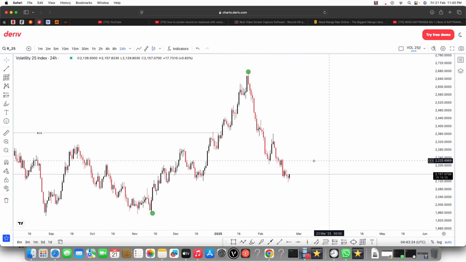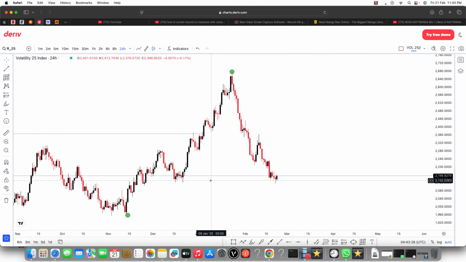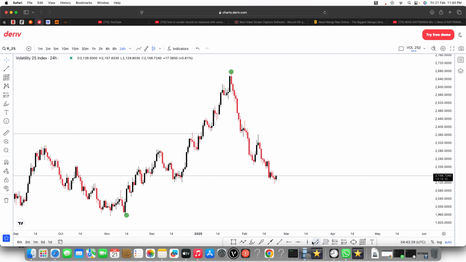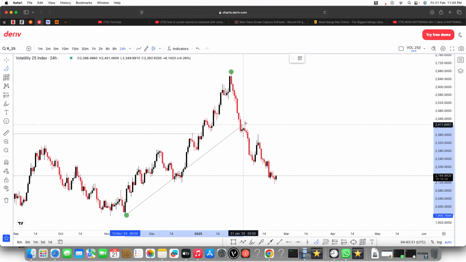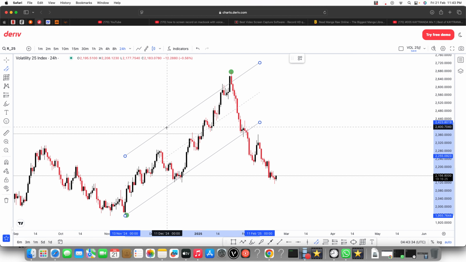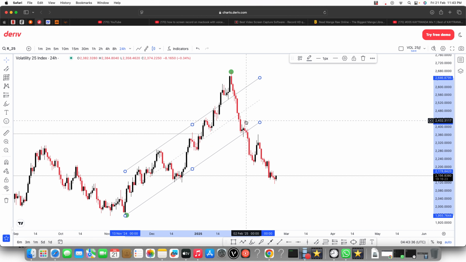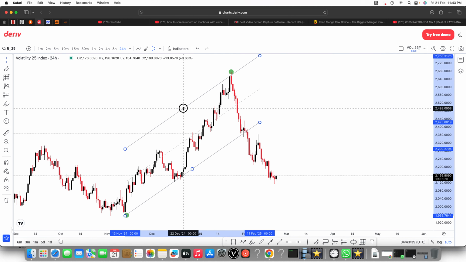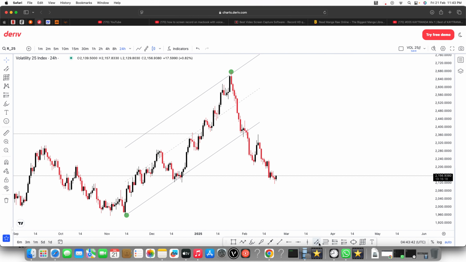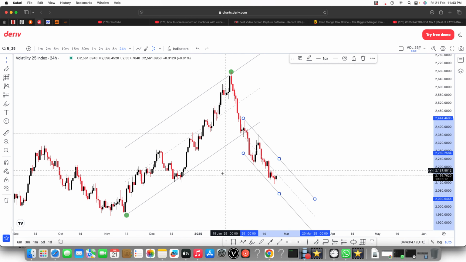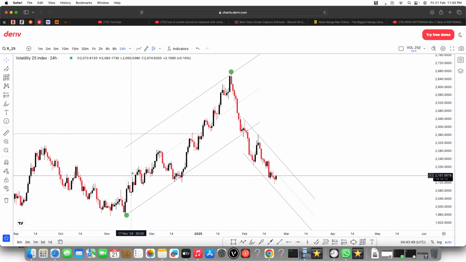Now looking at the order flow, we're going to be looking at the trend within the external swings, and that trend is going to be this upward trend previously that we had, and also the current downward trend that we now have right here. So the previous order flow of the Volatility 25 market was bullish, and now the current order flow is bearish.